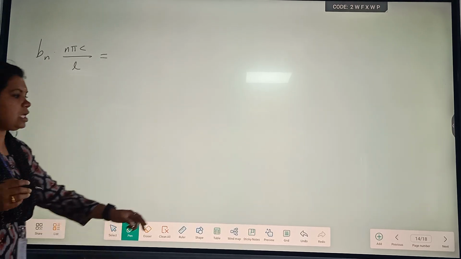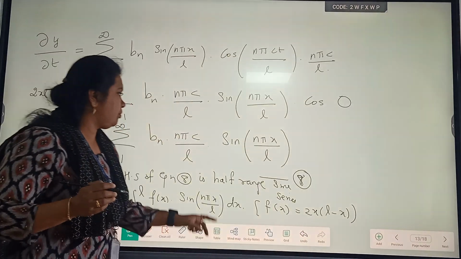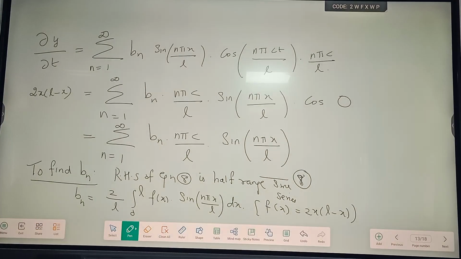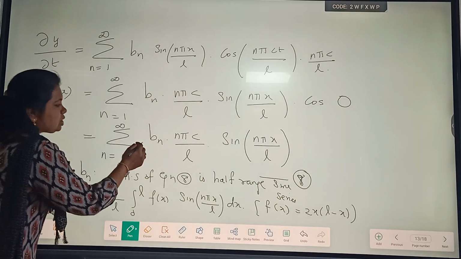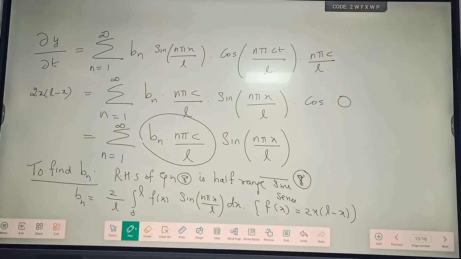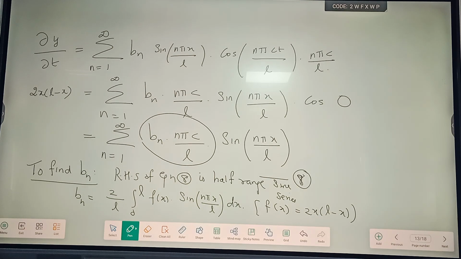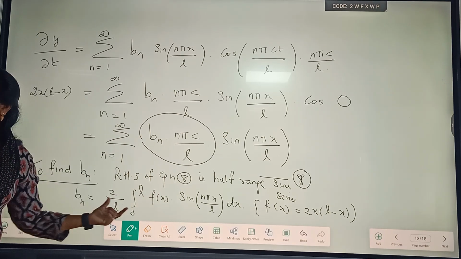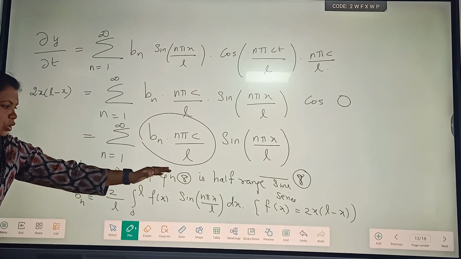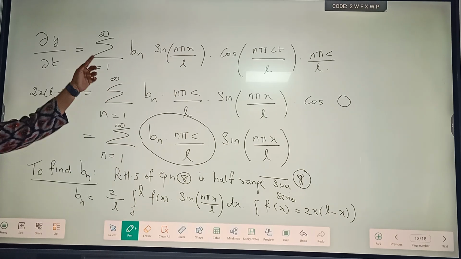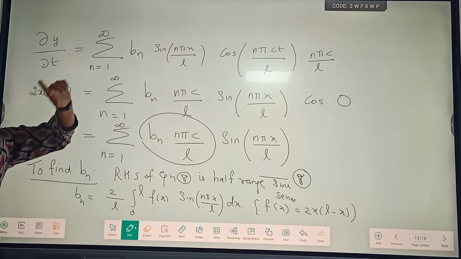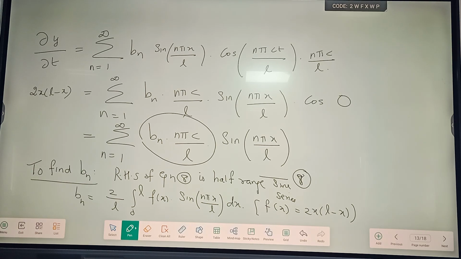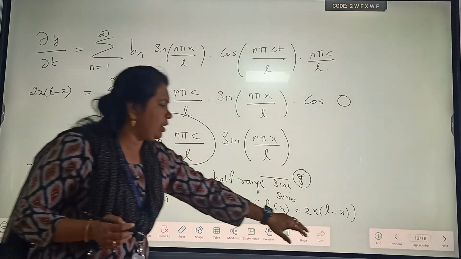I am going to write as per the problem, because this is followed with the constant, so that I should not disturb that constant. Everybody knows the formula for the half range sine series, so you do as per the procedure. Finally you multiply that by n pi c by L.